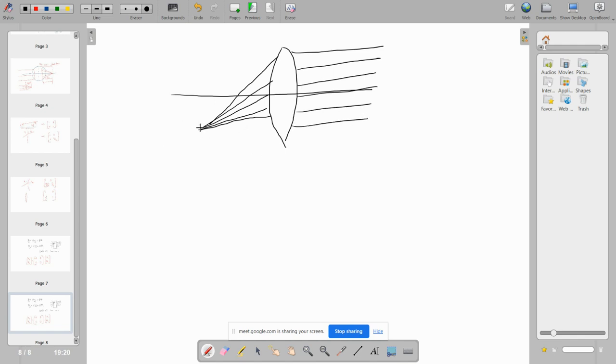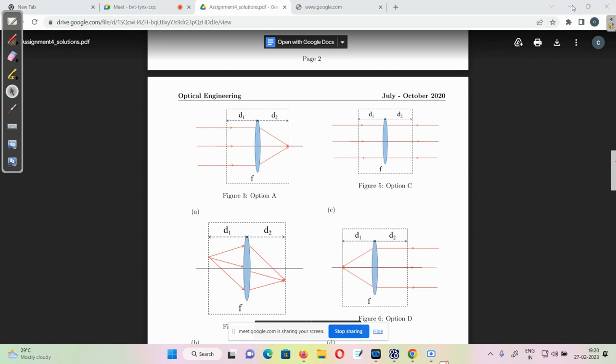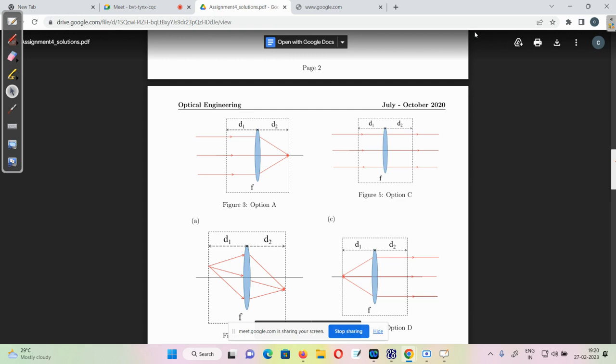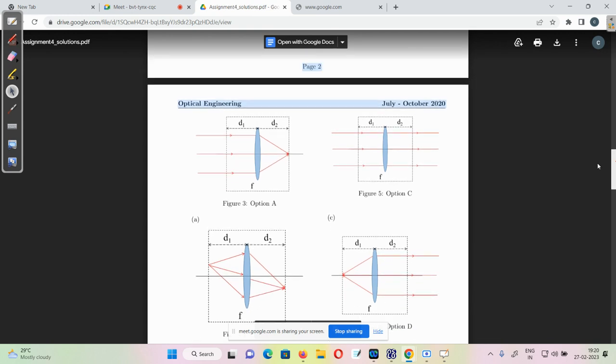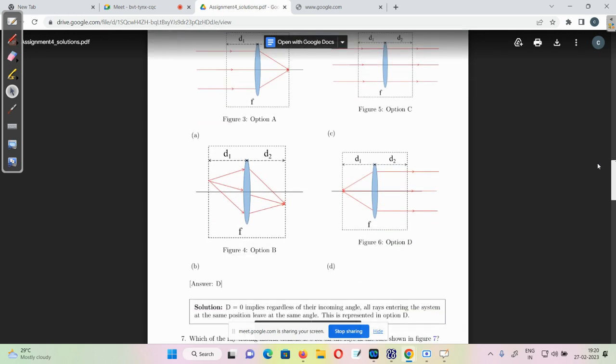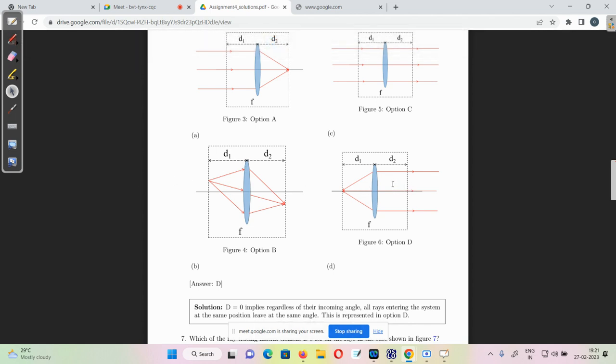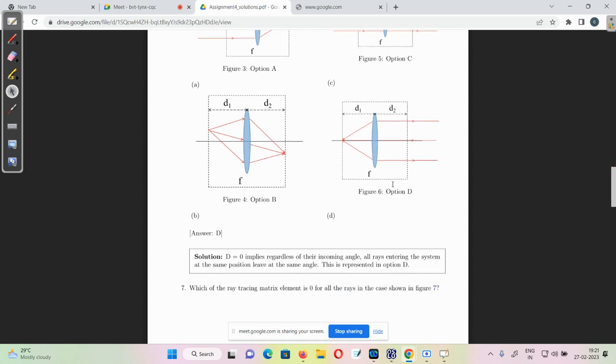Correct? Can I say it this way? Yes. If I define my D here, D1, D2 here, okay? So see, which will be the answer to that question? Option D, I think. Let's see, the answer is D. Okay? Yes, sir.